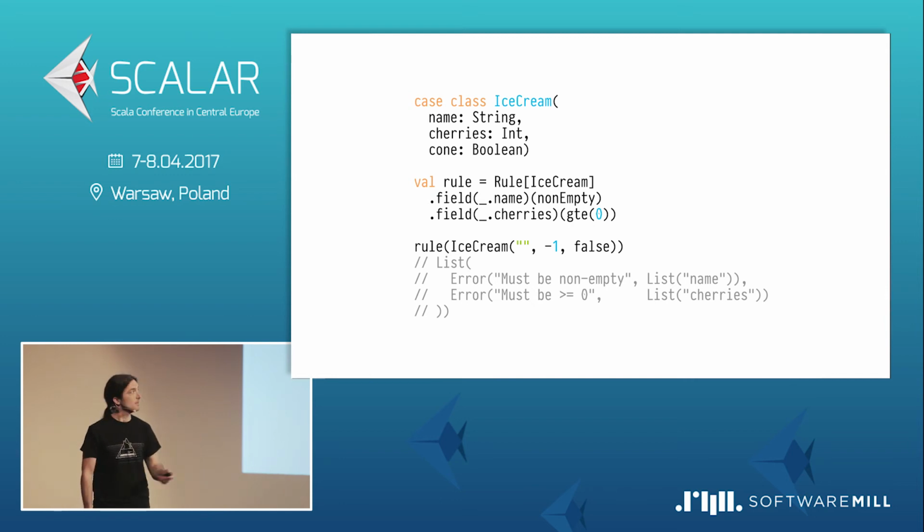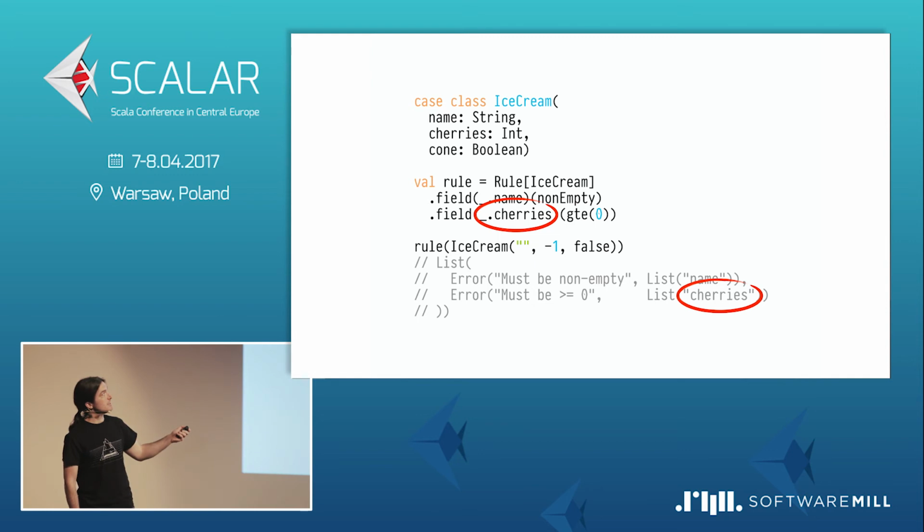Here's the key thing. The error messages, and this is a goal of the library, must tell you which bit of the data failed. So we need to have the name of the accessor method represented in the data. That's where we need metaprogramming, because otherwise we can't see a method name without runtime reflection or macros or something.